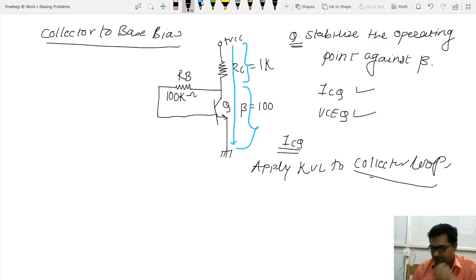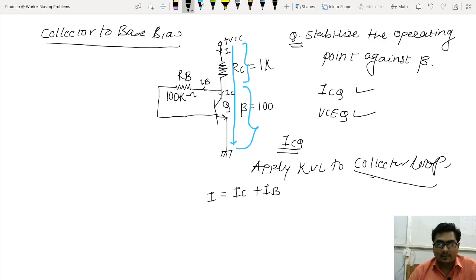Let me explain again. The current coming from VCC is divided into two parts. One part flows through the collector, we call it IC. Another part goes into the base, we call it IB. If I say this current is I, then I is equal to IC plus IB.